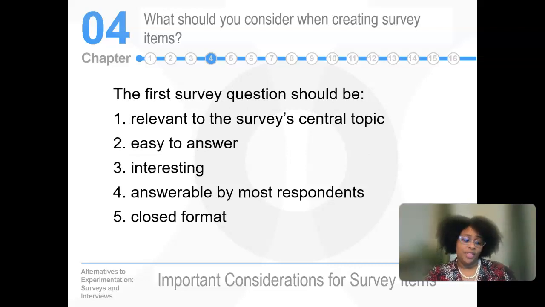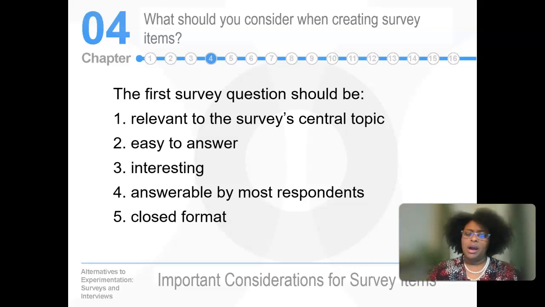So, when you think about creating the first question for your survey, you want to think about these 5 important elements. You want the question to be relevant to the central topic, and you want the question to be relatively easy to answer. You also want it to be interesting so that you can pique the participants' interest in completing the survey, and make it answerable by most respondents.